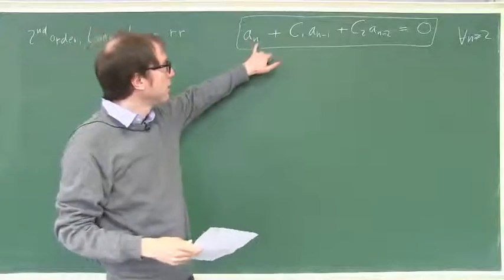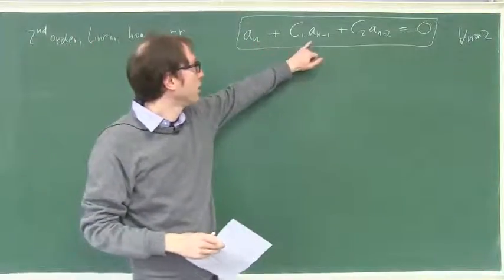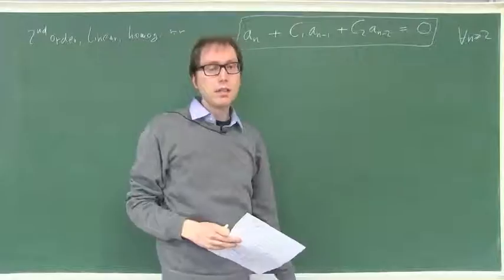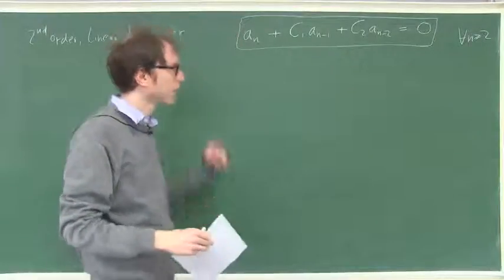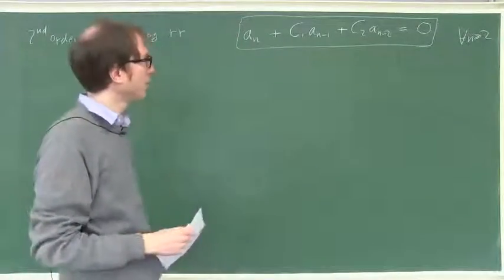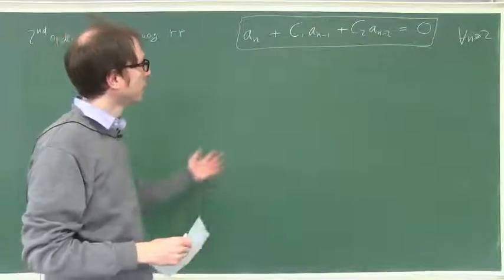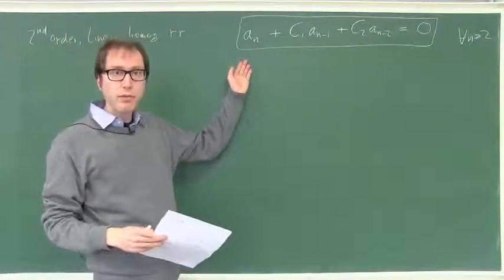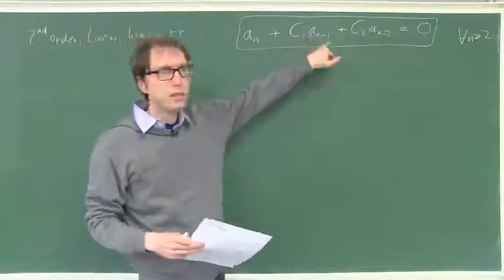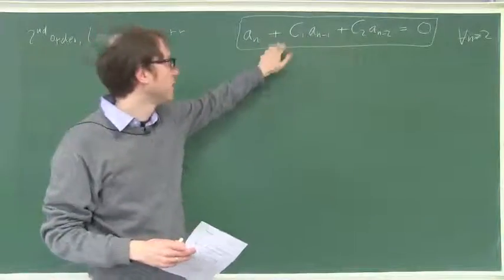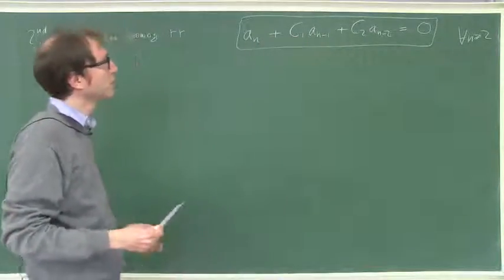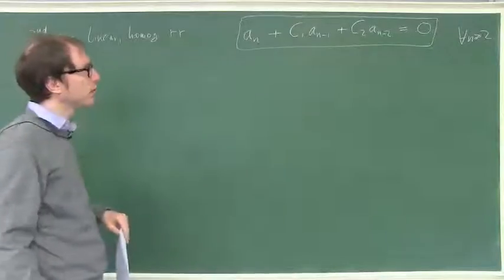That means it starts with a_2 plus c1 a_1 plus c2 a_0, so the index starts from 0, so we start with a_0, a_1, a_2, and so forth. And so this is precisely of the type we've seen above. Well, there was a minus here, if you think about it, but it doesn't matter because we can put this all in the constant. So this is what we really would like to solve.